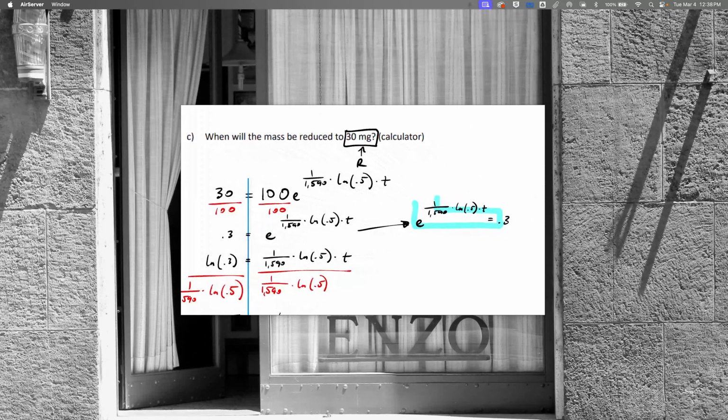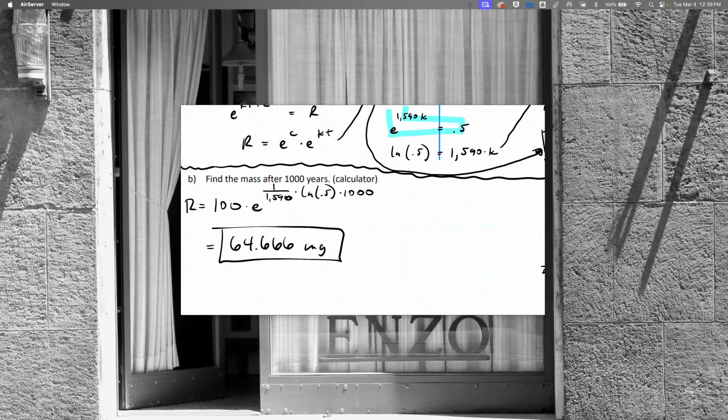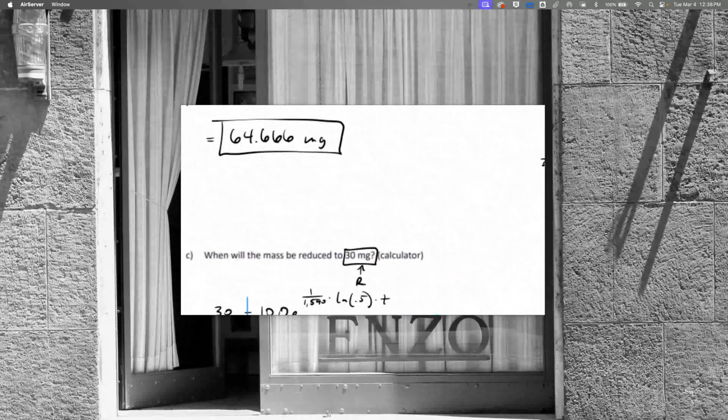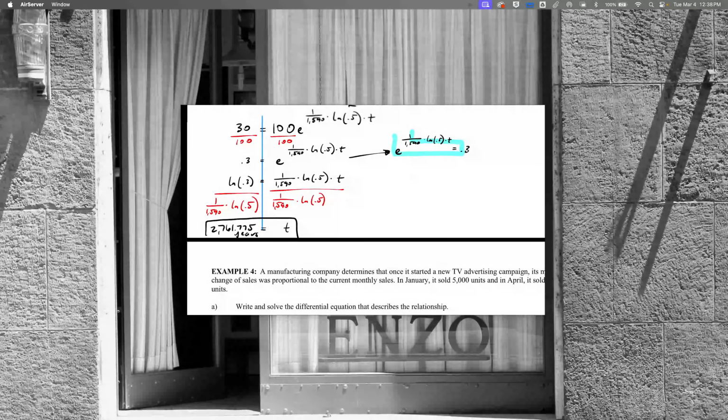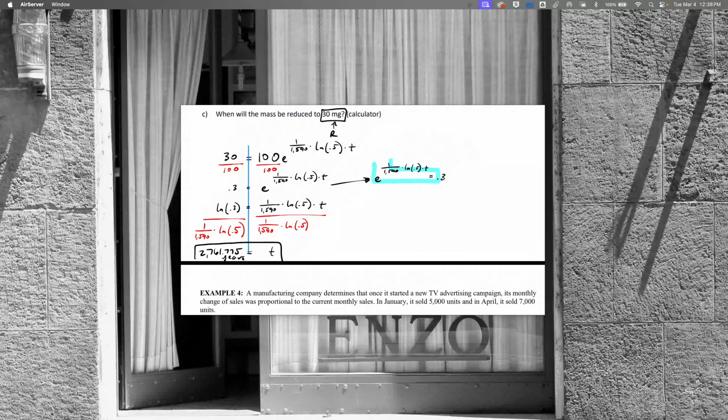And will we have to put years? T was years, right? Years. That's how long it would take for 30 to be left.